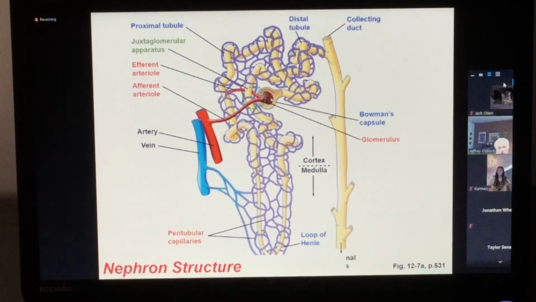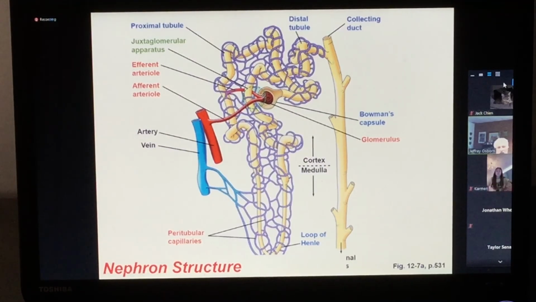Now, the tubule: the Bowman's capsule, which surrounds that glomerulus, moves into a proximal convoluted tubule, into a proximal straight tubule, then a descending loop of Henle, an ascending loop of Henle, then a medullary thick ascending limb, followed by a distal tubule, and that dumps into a collecting duct, which moves out to the urine.